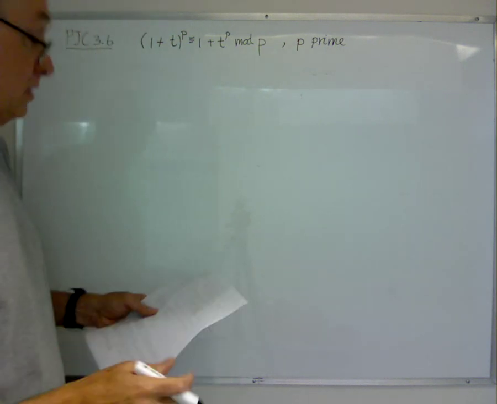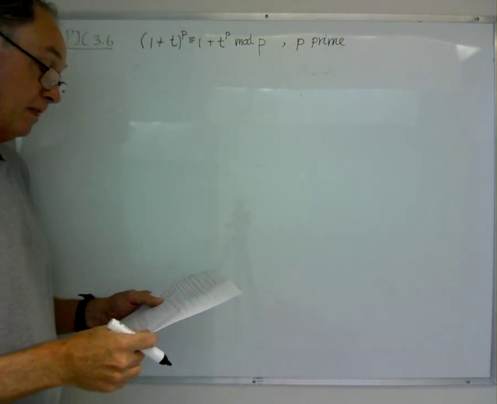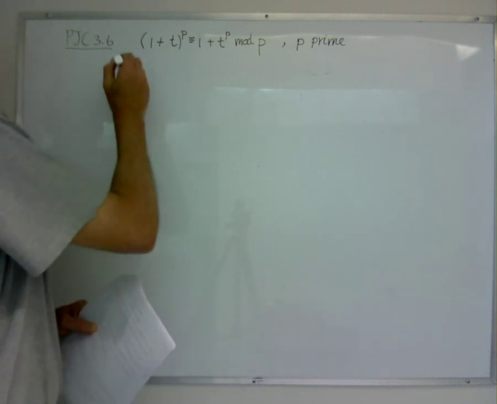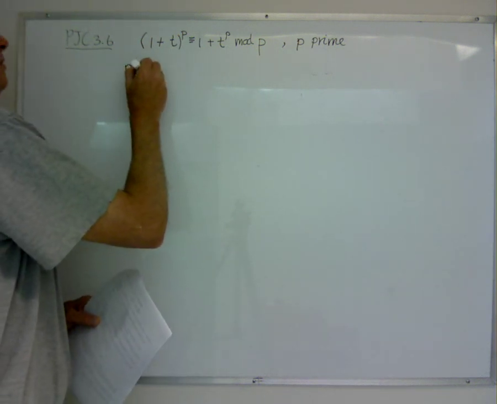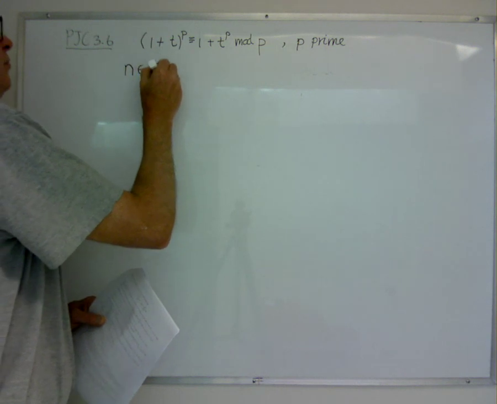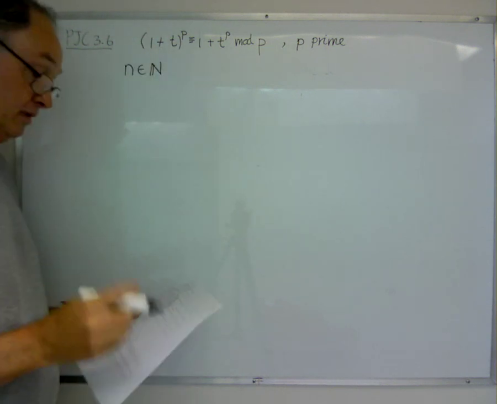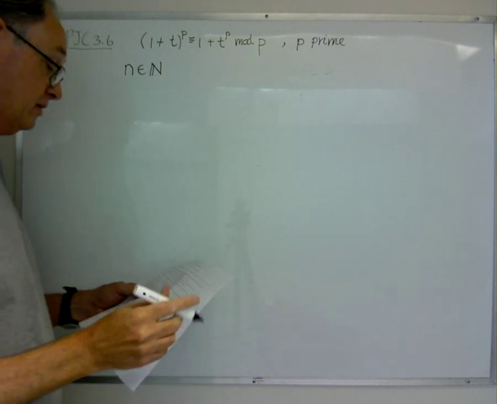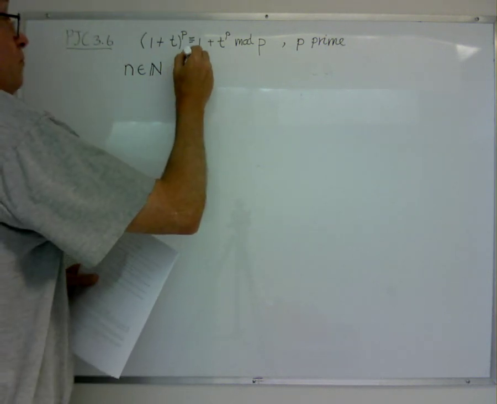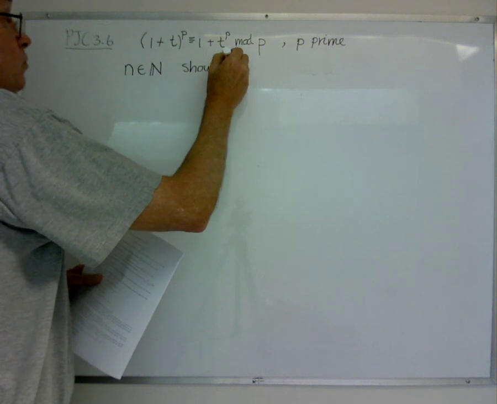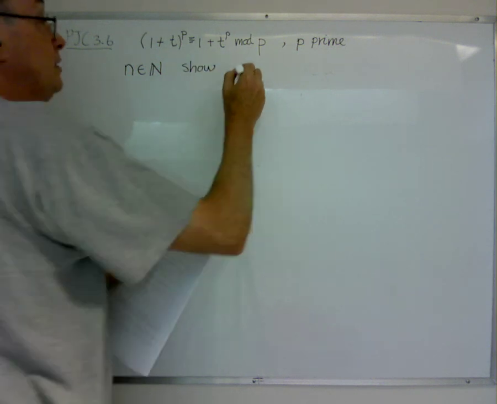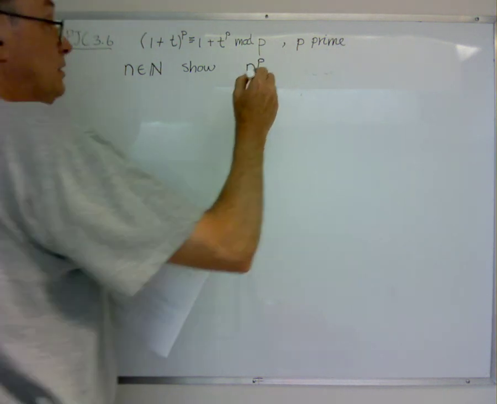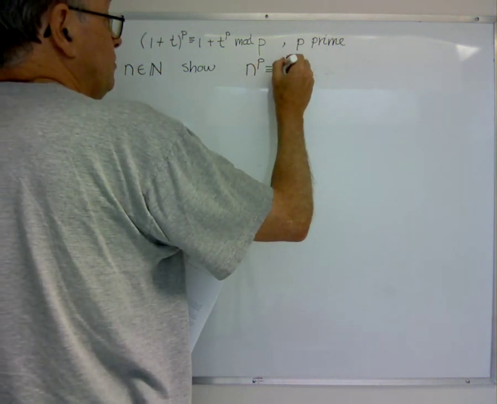So they tell you, if you have a natural number n, so you take any natural number, 7, 10, 15, something like that, show that n to the power p, so a prime number, is equivalent to n mod p.